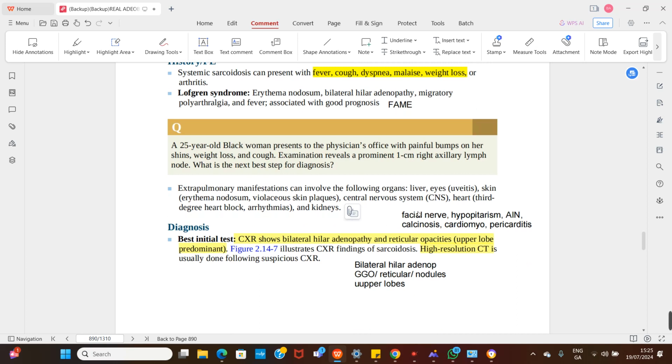It can affect so many things: the pituitary gland, the brain, the heart, any structure you can think of. It can affect the joints, with a rheumatoid-like presentation. It can cause parotid gland swelling. It can affect the facial nerve, causing facial nerve palsy. I think we have mentioned the common areas.